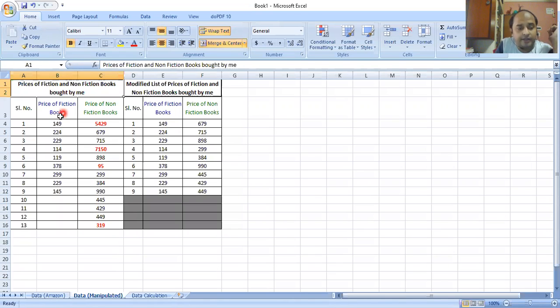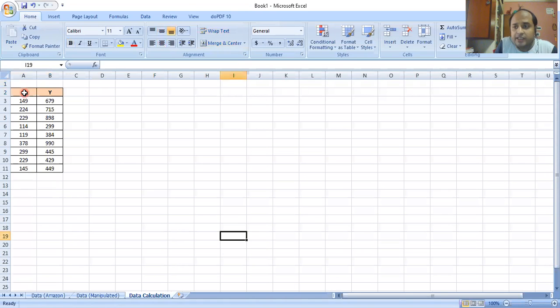So I have written the price of the fiction books over here and the price of the non-fiction books over here. I have categorized the two things into two columns. How many samples are there in total? There are 13 samples.